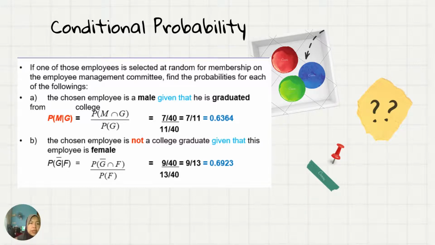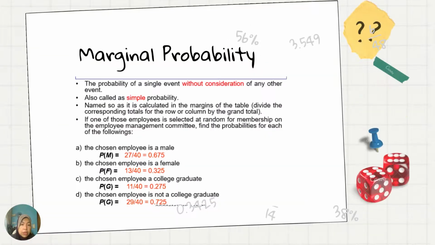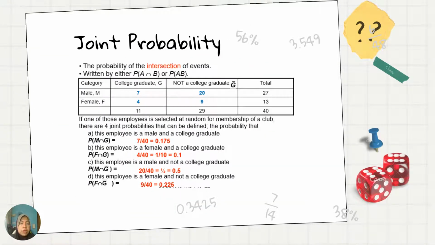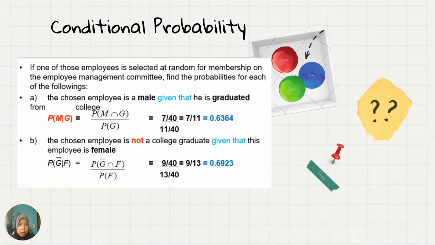Okay, the chosen employee is not a college graduate given that this employee is female. Earlier was male, now we must check first that she is female, then not a college graduate. So we refer to the table, female but not college graduate, 9/40. Then we divide by 29/40. Right? Sorry, it must be from female.